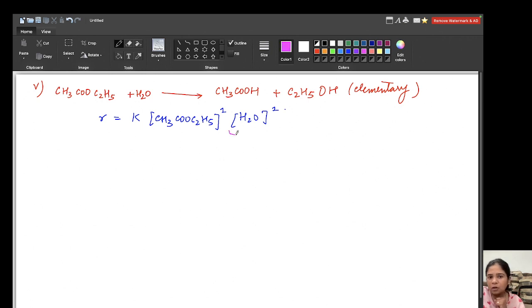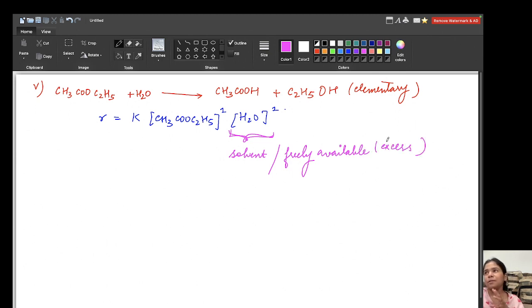Why? Here you can see water is present, right? Water is the solvent, means it is freely available. It is in excess.